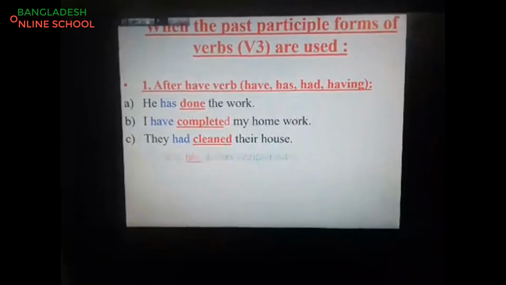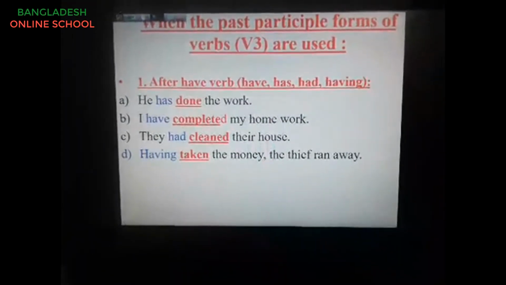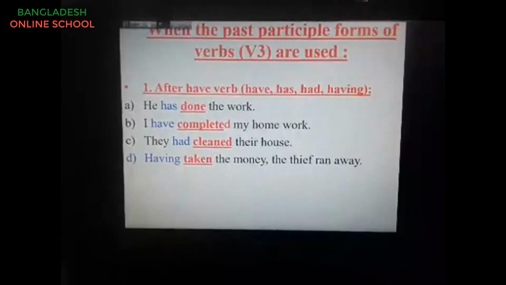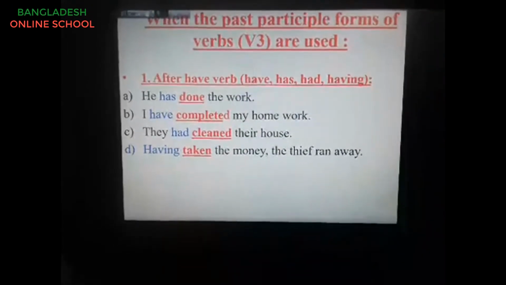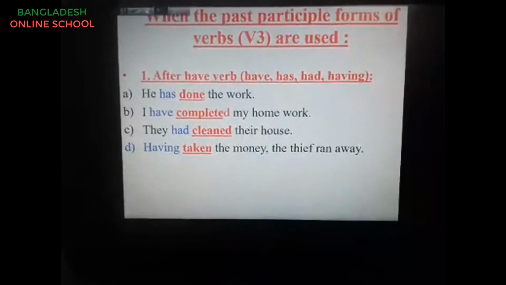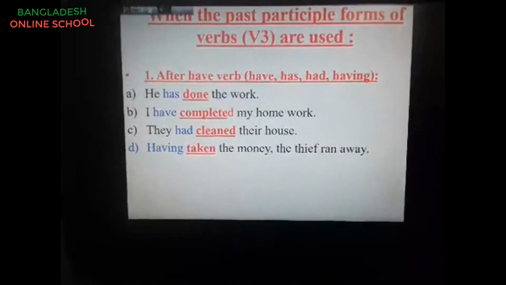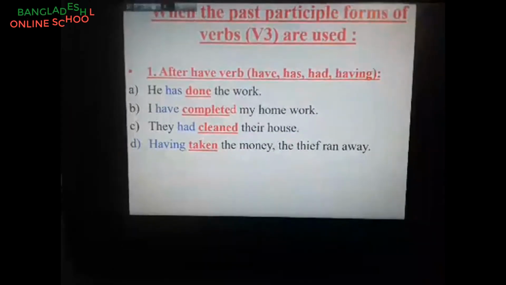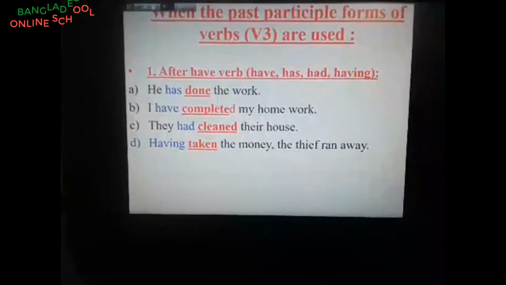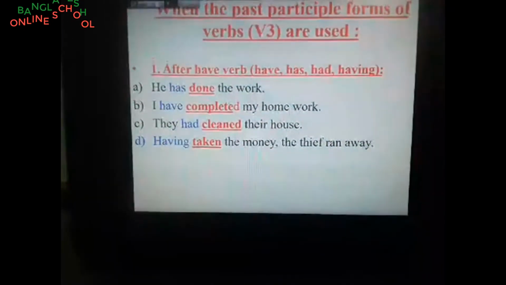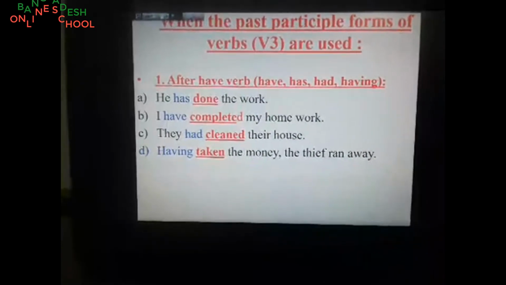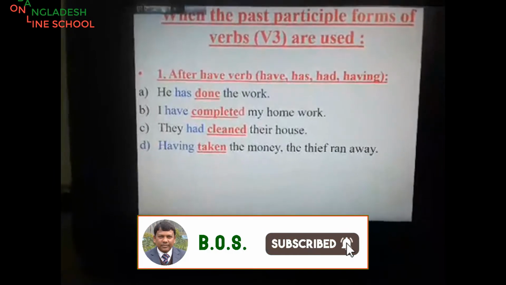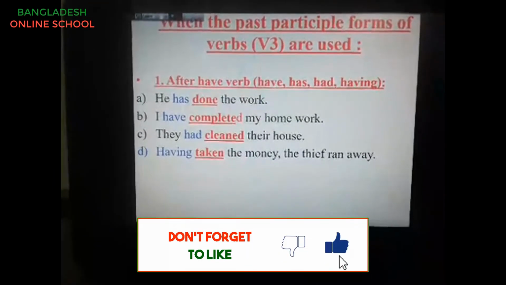In the next example, there is having. After having, taken is used. Here, taken is past participle form. So from the discussion, you could understand after has, have, had, and having, past participle forms of verbs are used. I think you could understand. Okay, come to the second point.